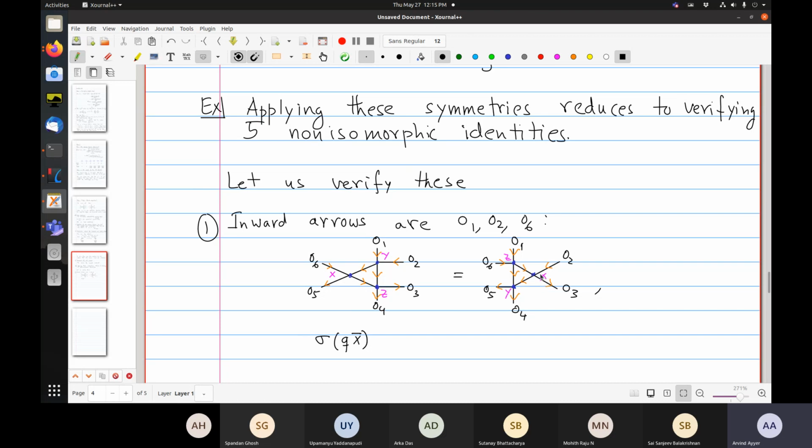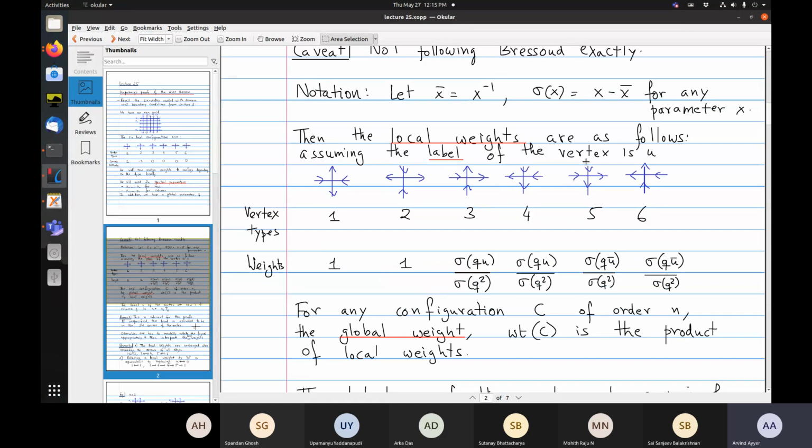So I can put x on the top right, and so here it is down and right. So it's again the same thing, sigma qx. What about y here? So it's down and left, so that's sigma qy.